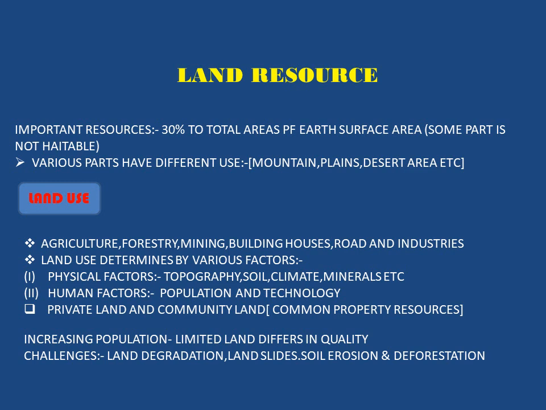However, there are various factors which determine the land, its quality and its use. We can classify them as either physical factors or human factors. When we say human, two primary things come into play: the first is population, the second is technology. Based on the technology available in a region, the feasibility of technology is more important than availability.